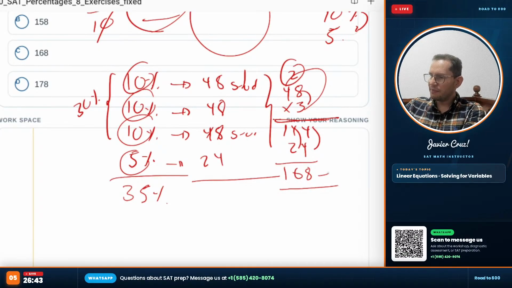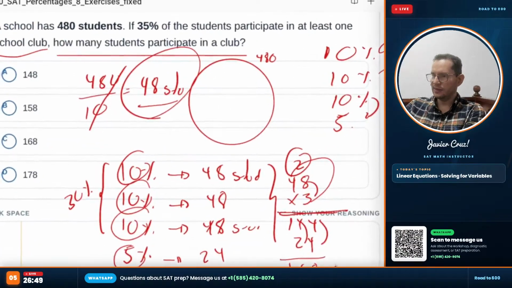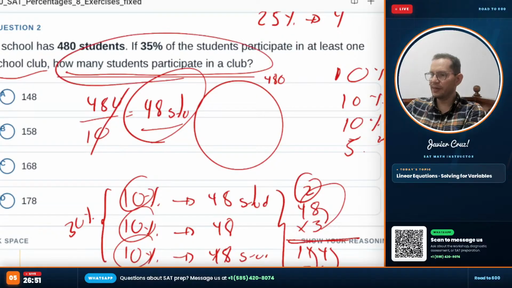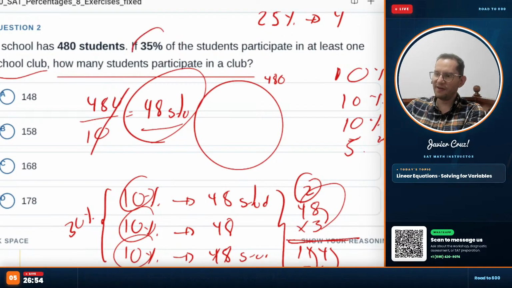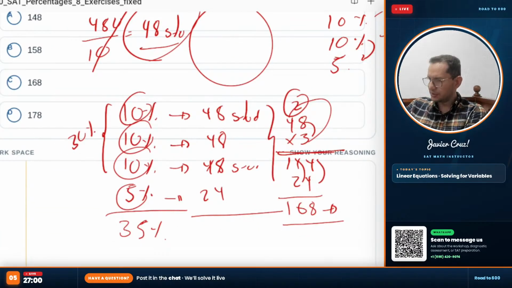So that's the number of students that completed 35%. How many students participate in the club? The 35%, but 35% is not the number of students, it's the percentage. So we need to find the number of students, which is 168, right? So the answer is here.